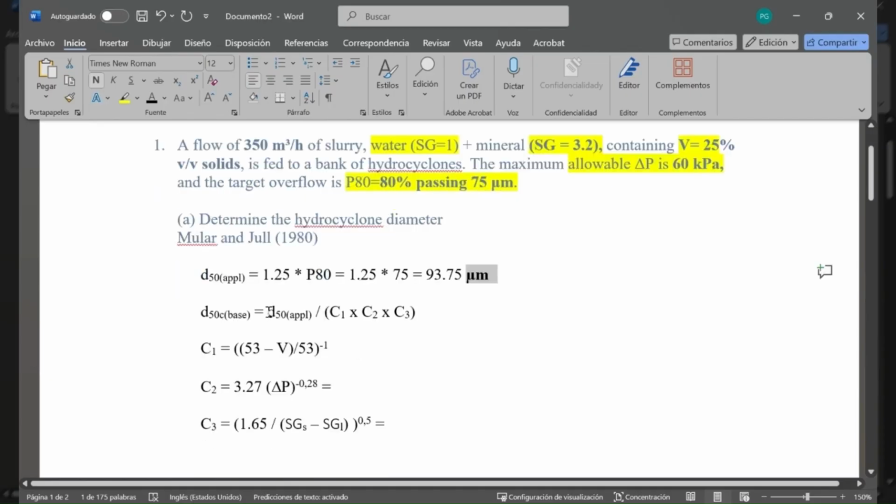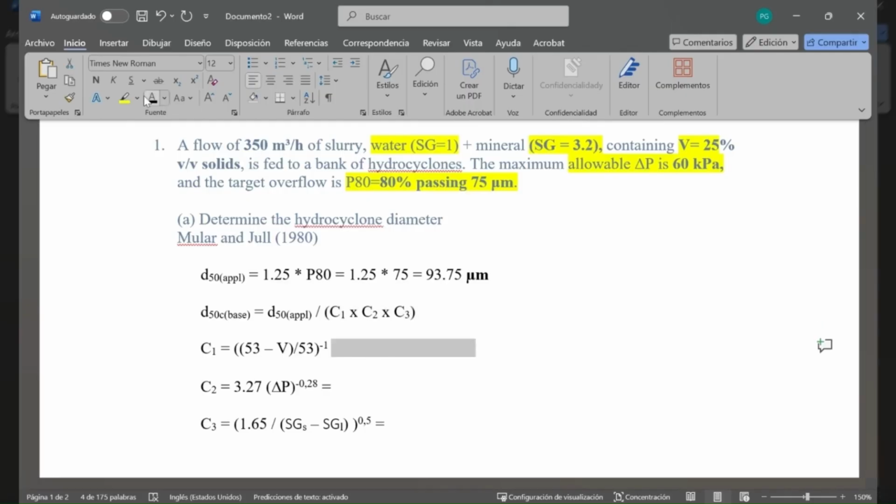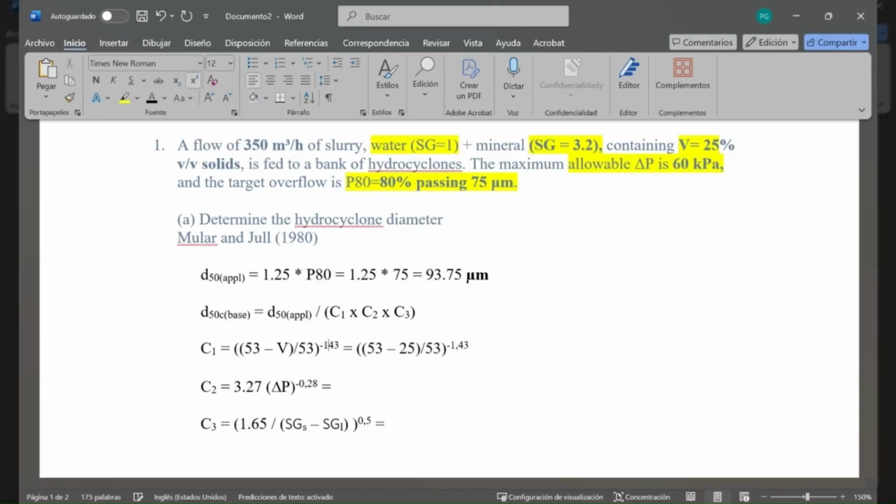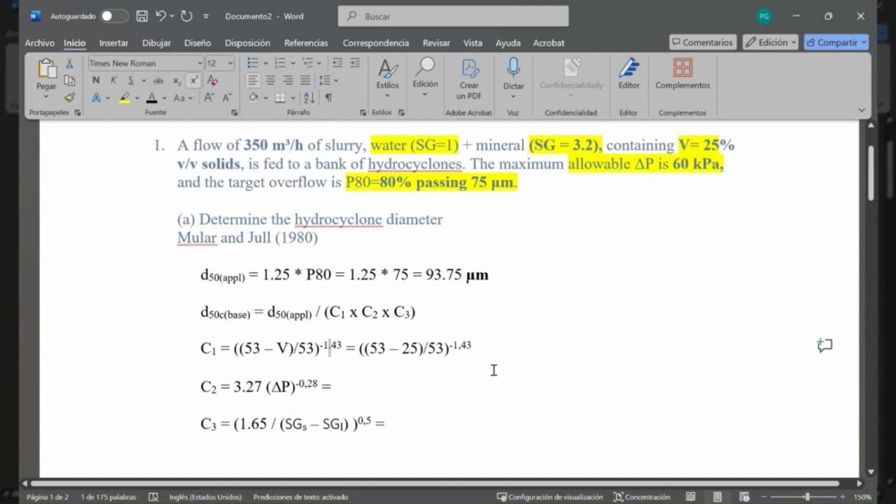Now, this parameter is going to go in the numerator of the equation, but we still have to calculate C1, C2, and C3. Uncovering C1, that was 1.43. Calculating this parameter, it's going to be 53 minus 25 divided by 53, all to the power of 1.43, and that is going to give us 2.49.